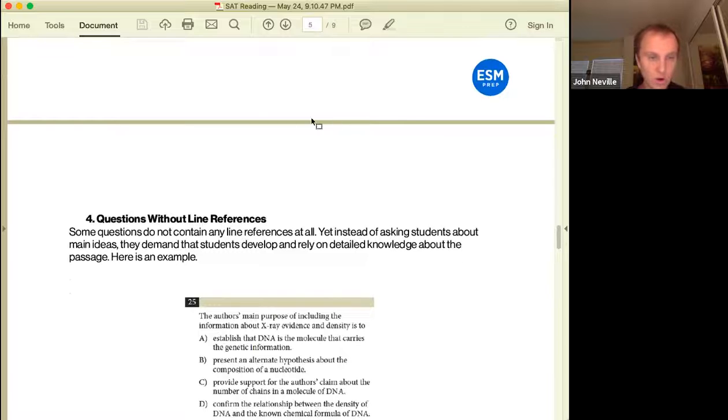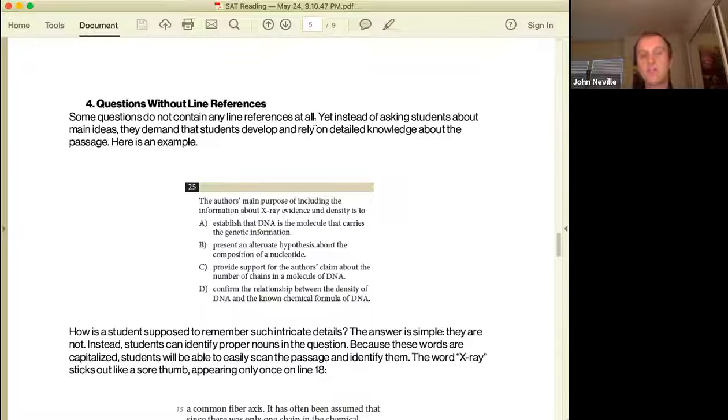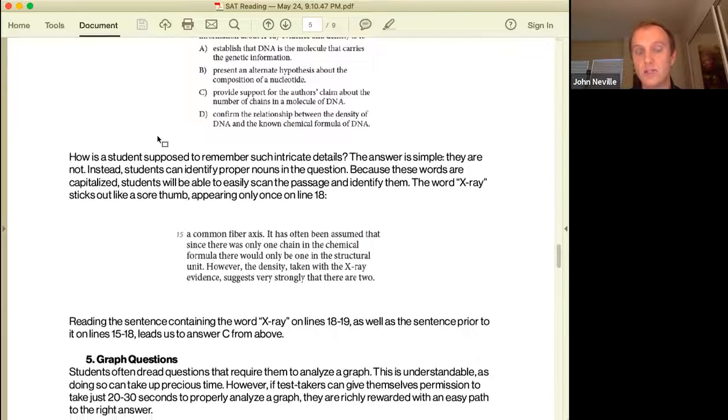Okay, so the fourth question type is what I call questions without line references. A lot of questions do not contain any line references at all, and yet they will ask for very detailed information, which kind of begs the question: how is a student supposed to read a passage in 5 minutes or less, and then remember what they said very specifically in this very particular part of a passage?